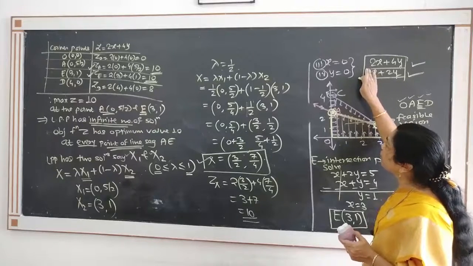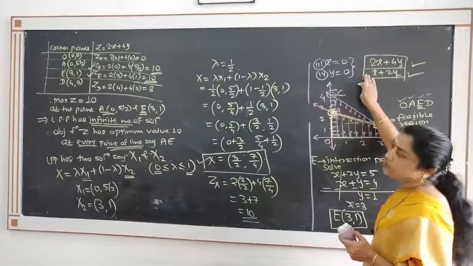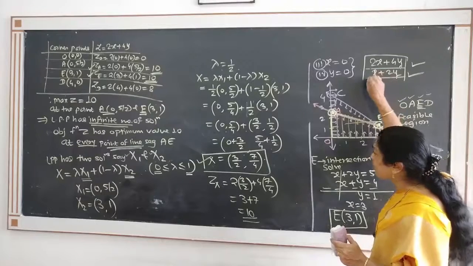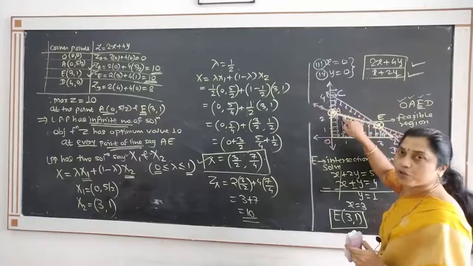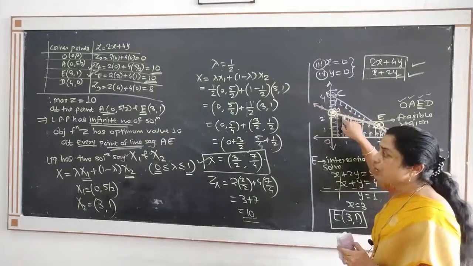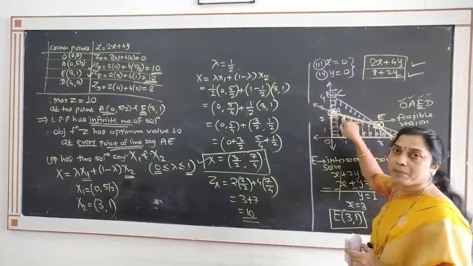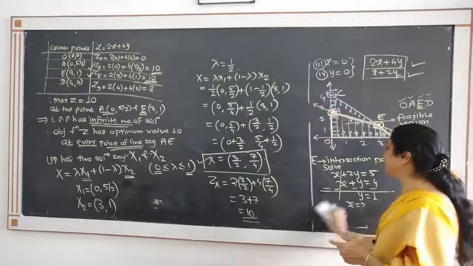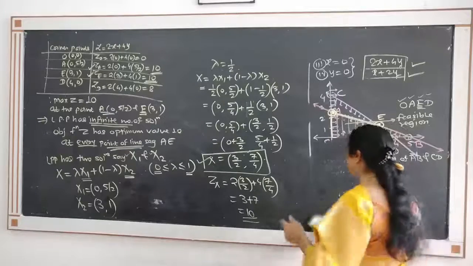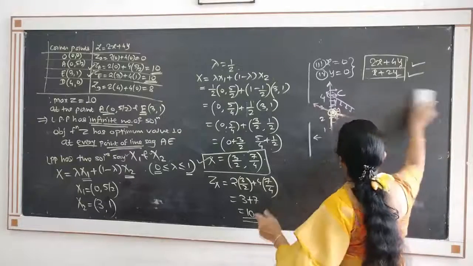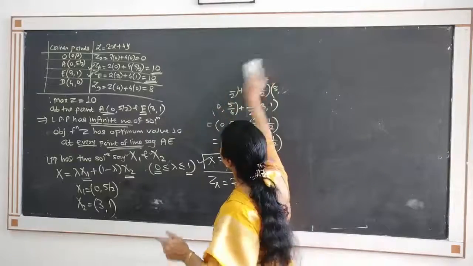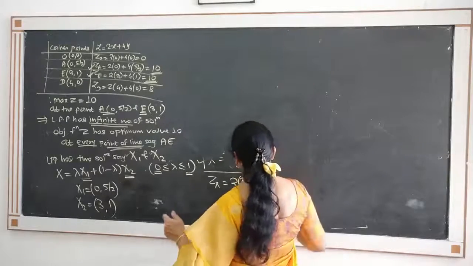Whenever the objective function is a multiple of the constraint, and the main important condition, that constraint must form the boundary of the feasible region, we always get infinitely many solutions. So this is our first case. Getting infinitely many solutions to LPP means that the objective function takes the same value at more than one point.